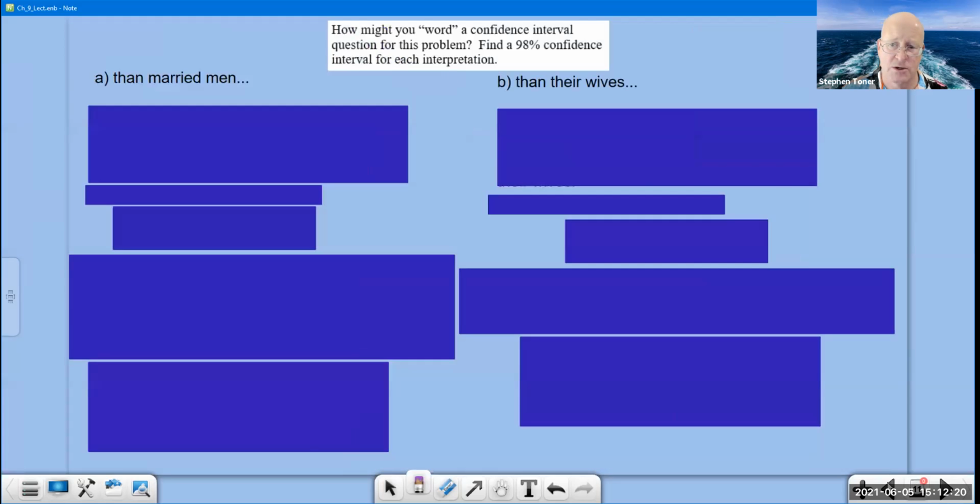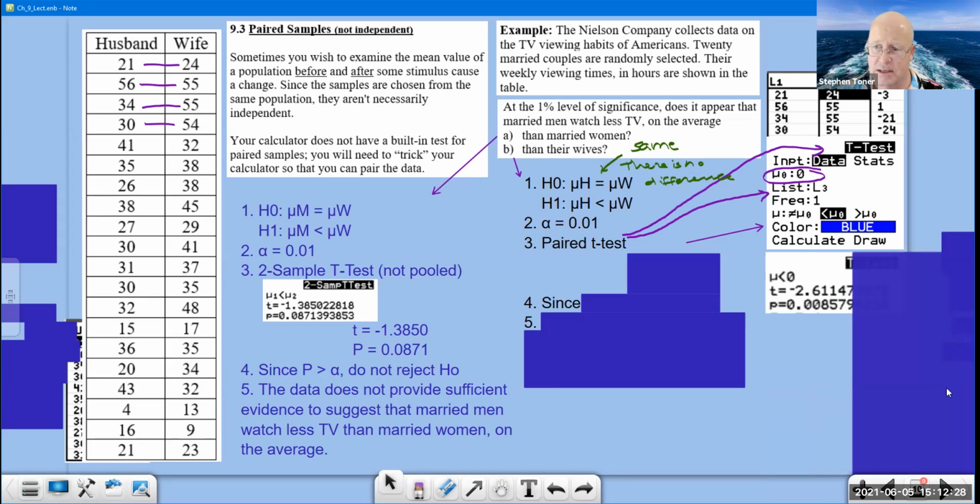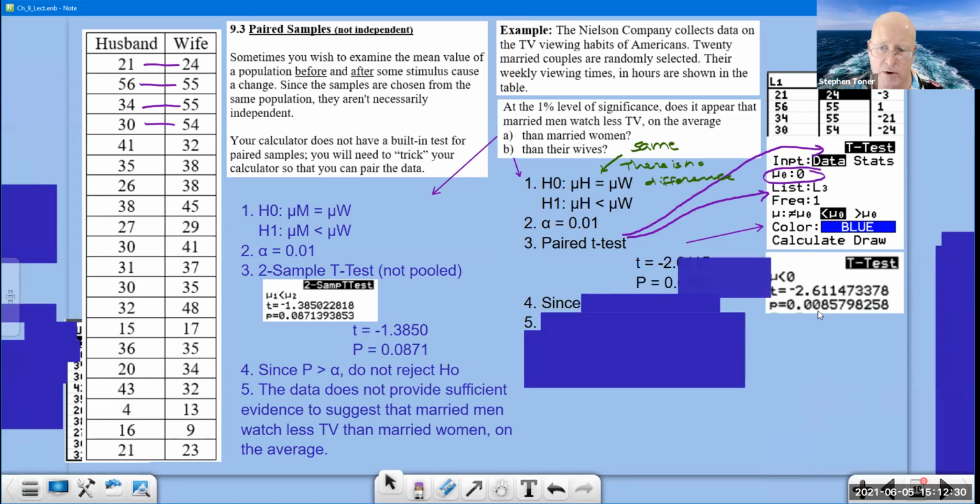So let's go back to our problem here now. And we've done this on our calculator. When you hit enter, out comes this conclusion, which I've summarized right here. And bada bing, we've got a result.